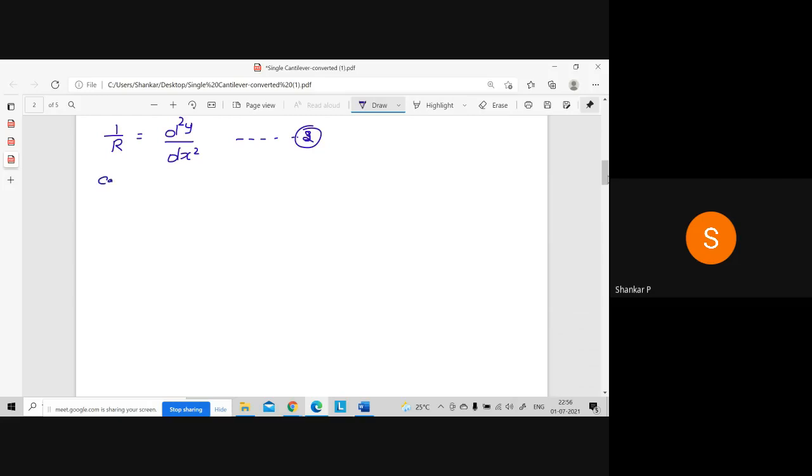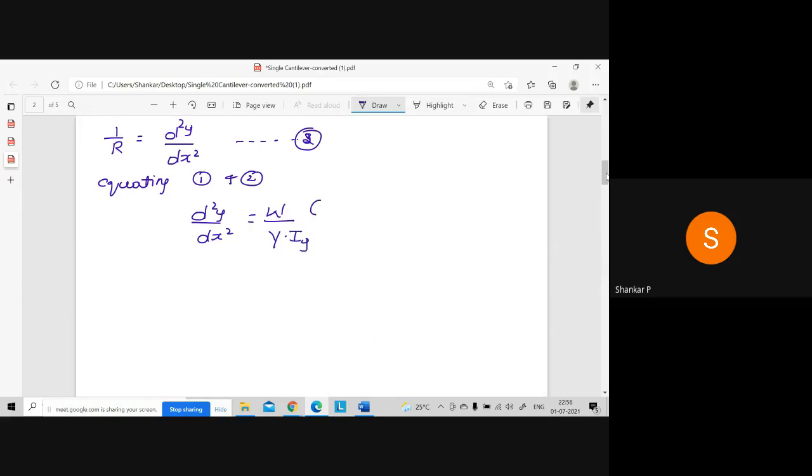Equating equations 1 and 2, we can write d square y by dx square is equal to W by Y into Ig into L minus x. Let us call this equation number 3.